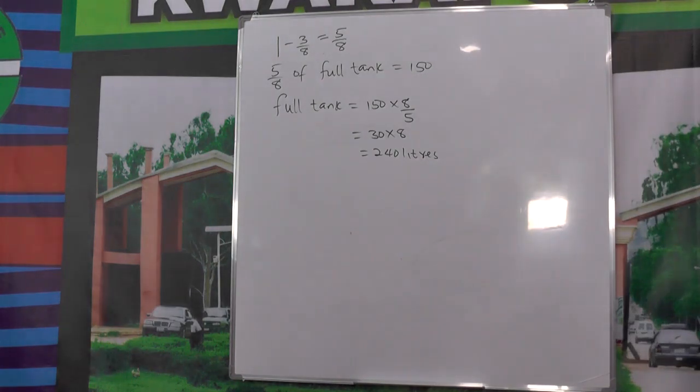Let's go to ratio, proportion, and rate. Now, what is ratio? A ratio is a comparison of things that are of the same kind.